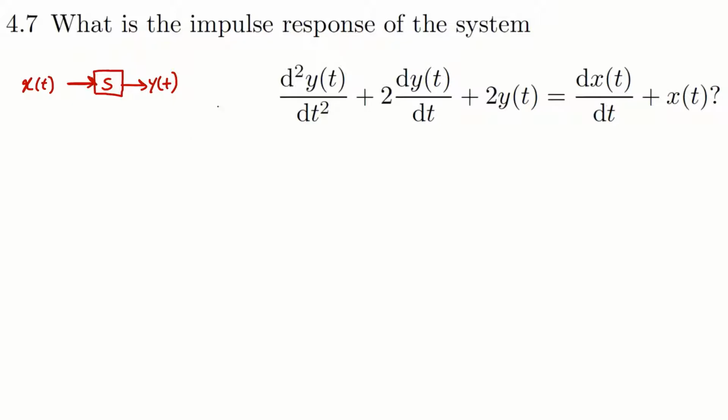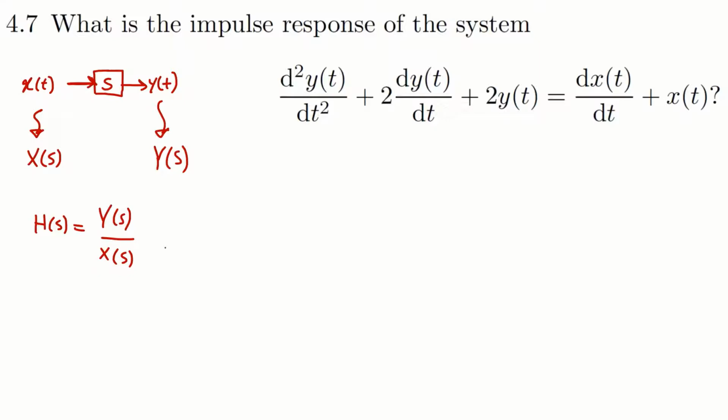So for that case, we should find the Laplace transform of x of t, and we should also find the Laplace transform of y of t, because if we know this, then we can find the transfer function of this system, because this equals Y of s divided by X of s.